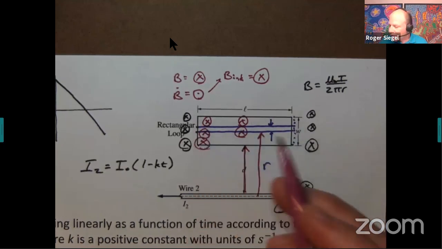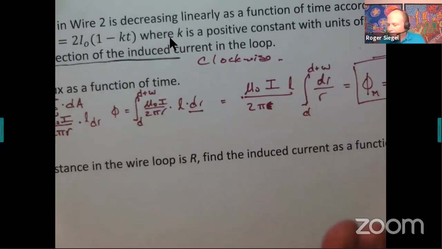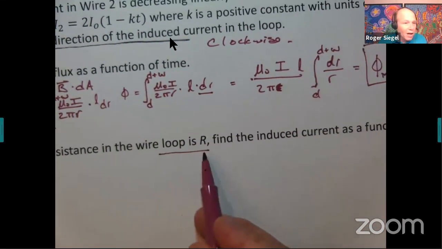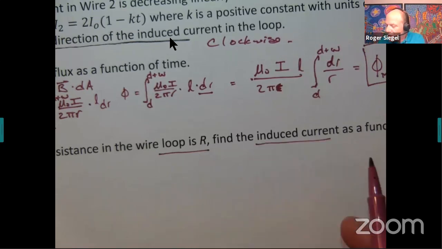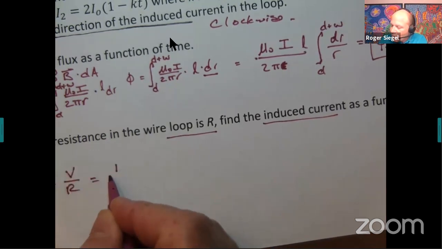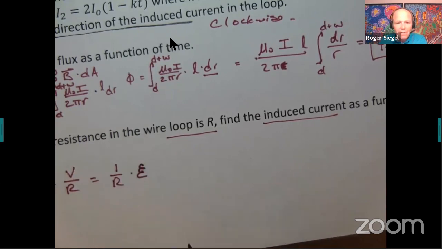area, okay? Now, the last part is, if the resistance in the loop wire is R, how much induced current. So I know that I is equal to V over R, or that's 1 over R times the EMF.